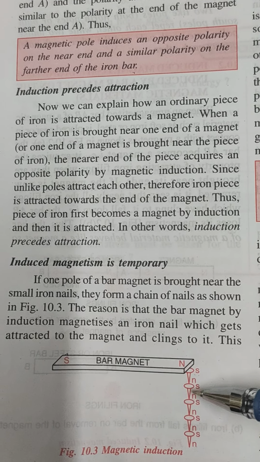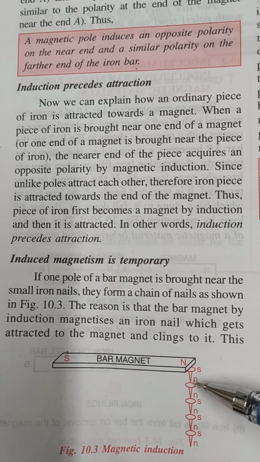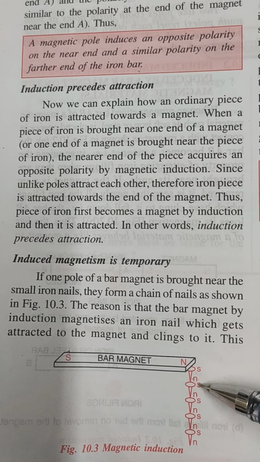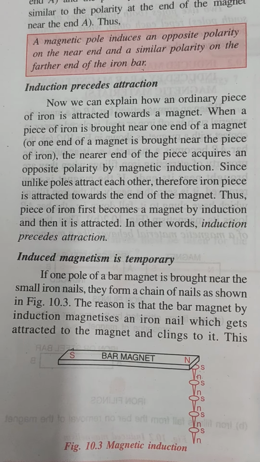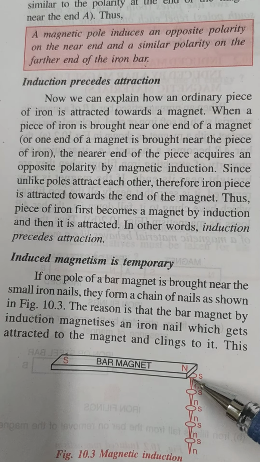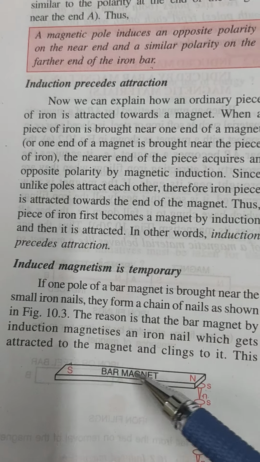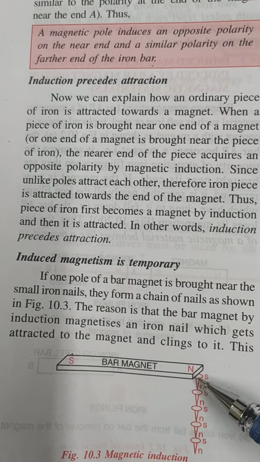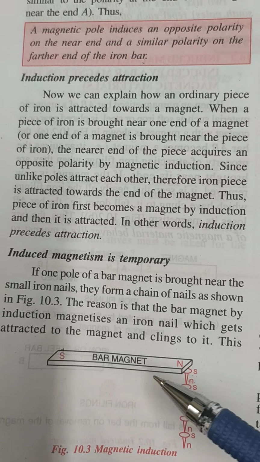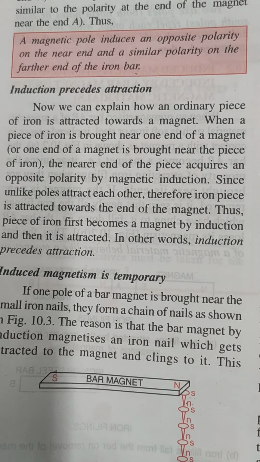Similarly, another pin is brought near this iron nail, and since this is north pole, the tip of this iron nail becomes south pole and the chain continues. But this iron nail will behave as a magnet only as long as this magnet is kept near the iron. The moment we remove this bar magnet, all these iron nails will lose their property of magnetism.